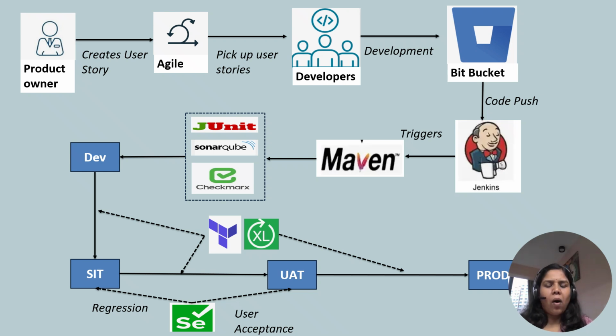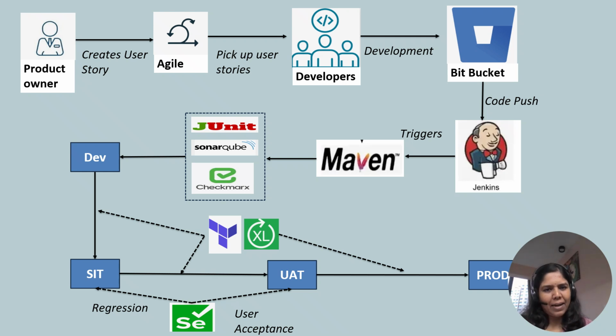Once the system is stable and approved and acknowledged by the user, the final version will be released into the production environment. That's how a product is built and deployed into production using the DevOps CI/CD process.